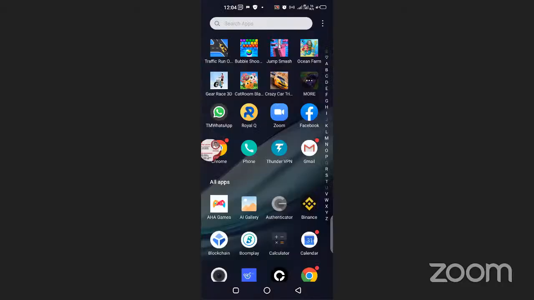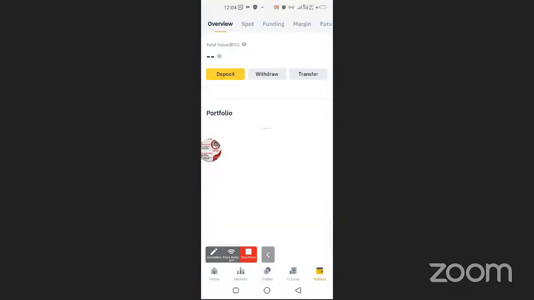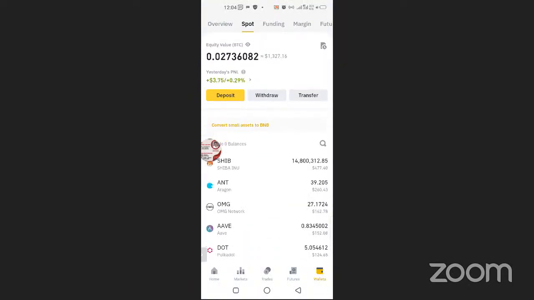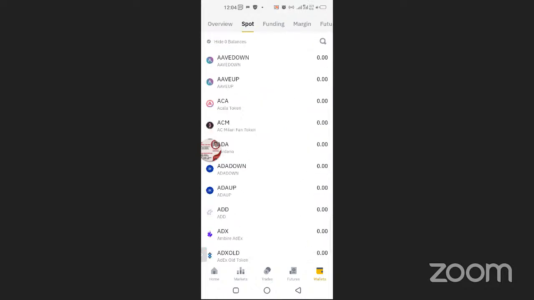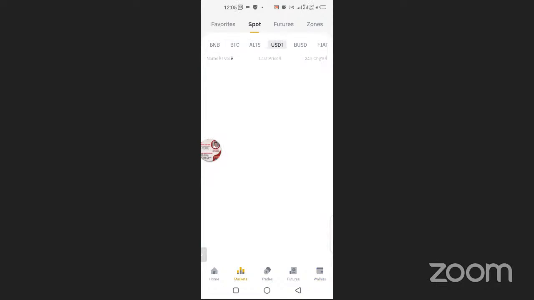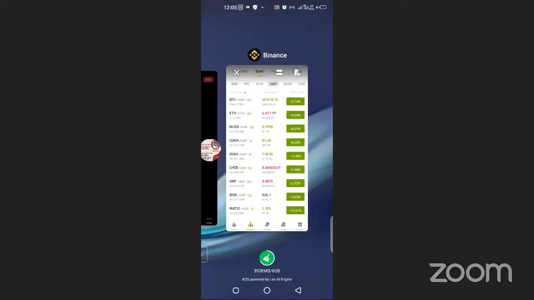Okay, let me come here in the markets. Let me look at spot, right? Let me look at Luna. Let me look at USDT pairs. Let me look at Luna/USDT.